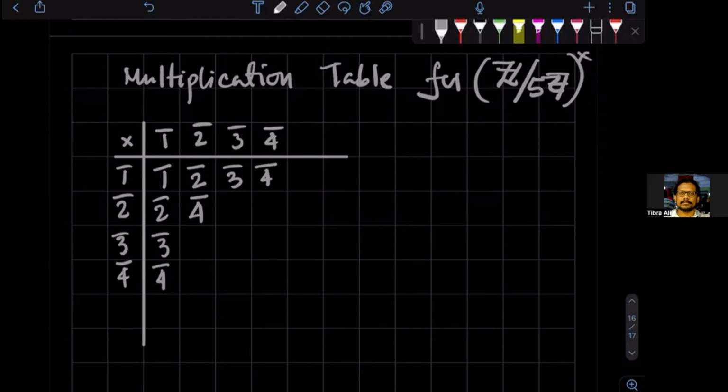Okay, so we have 2, 4. 3 times 2 is 6, so that should be 1 here, right? Then 4 times 2 is 8, so there should be 3 here, right? Is this correct?